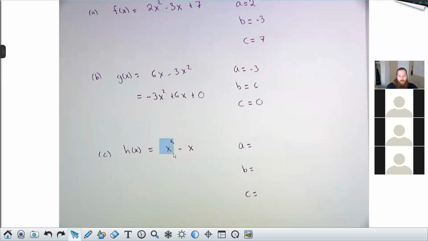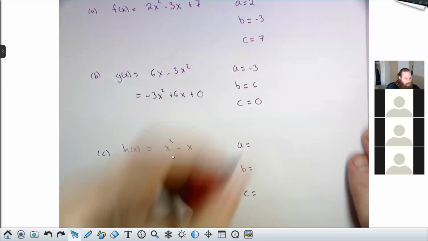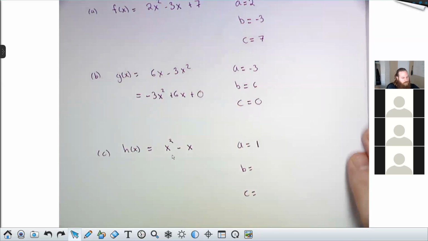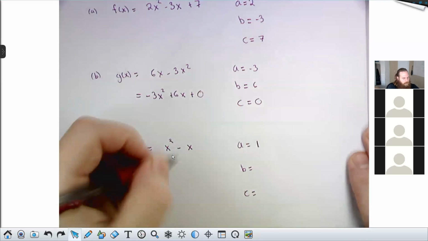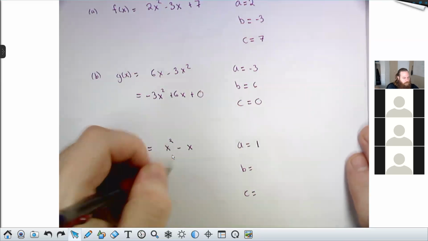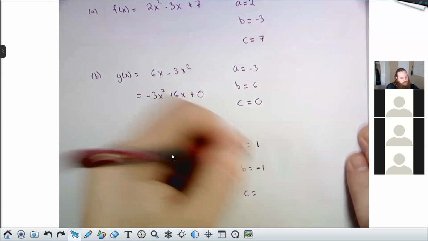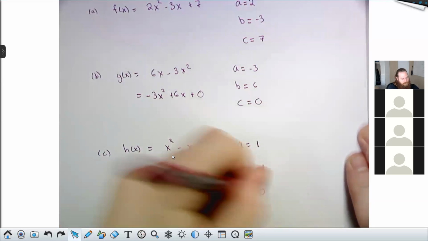Just like 5 is 5 times 1, x squared is x squared times 1. So the number a here is 1. You've got a minus x here. This minus tells you that the coefficient will be negative, and because you don't see anything written there, you know that that's a -1. And then c again is 0.